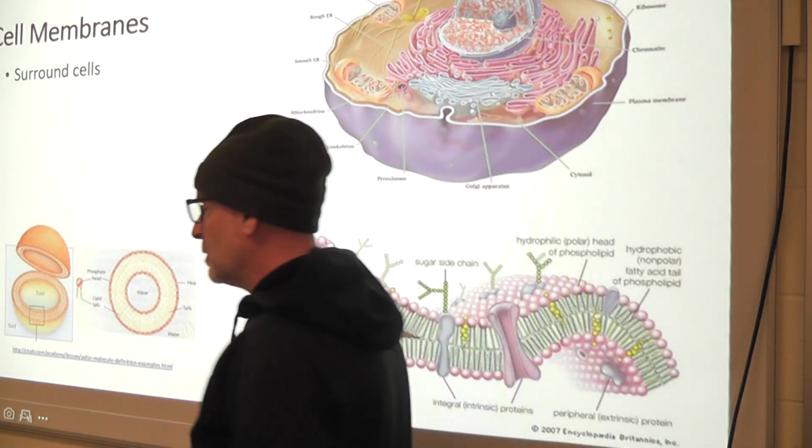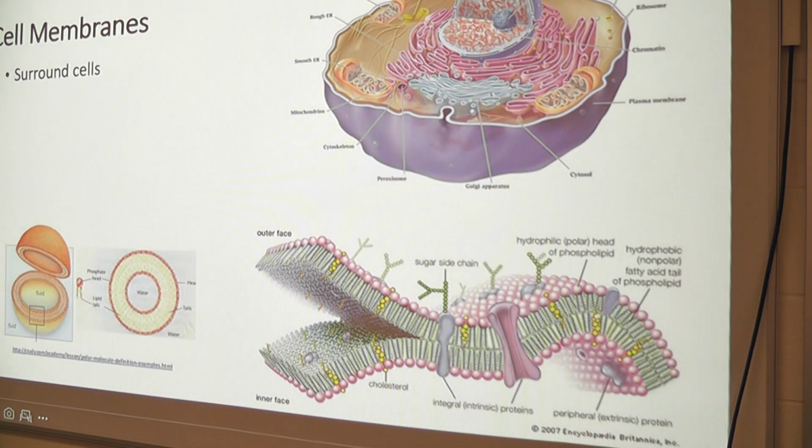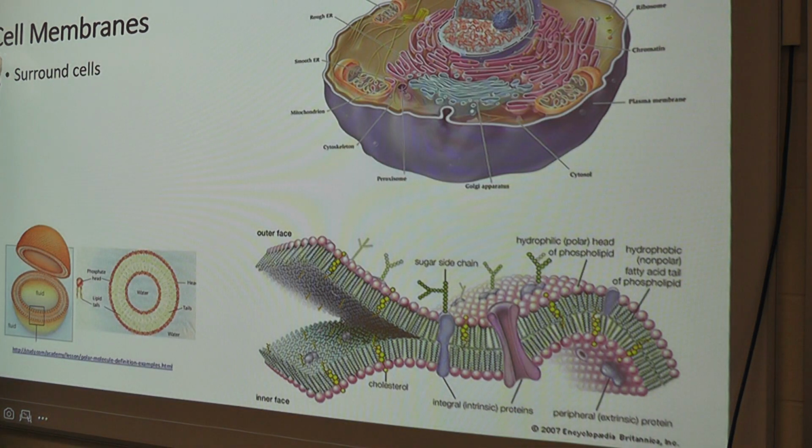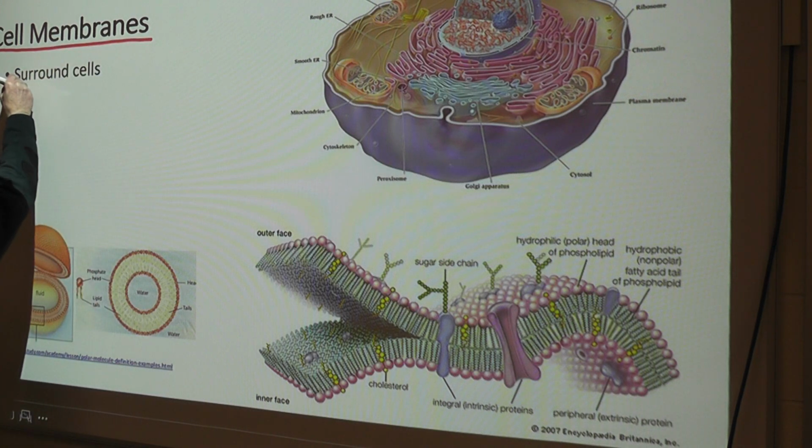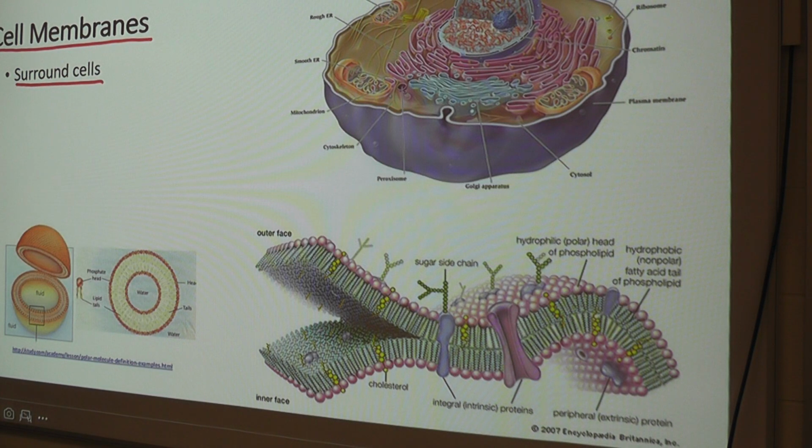So here are some things to know about cell membranes. And remember, if I underline it, you should write it down. So the first thing is cell membranes surround cells. And that sounds obvious, except that in the pictures that we see, typically what we're seeing is a cross-section.